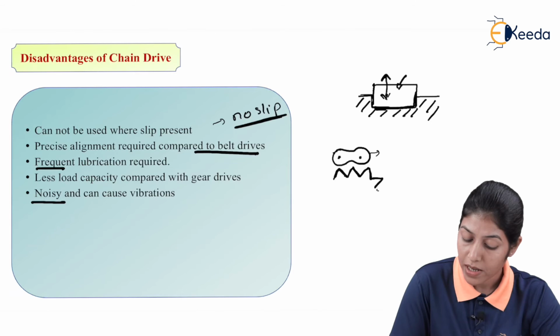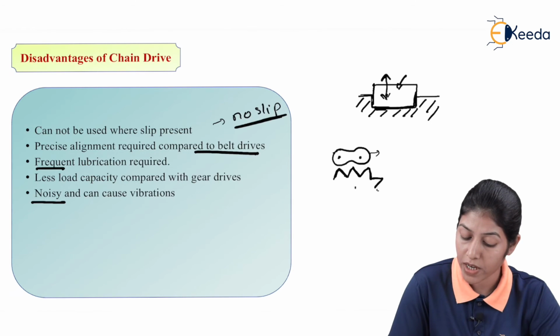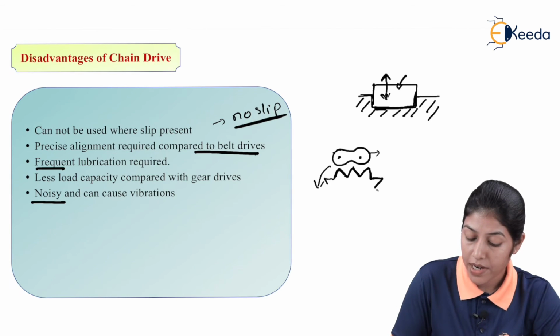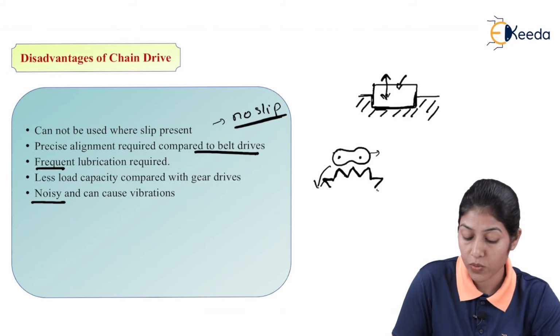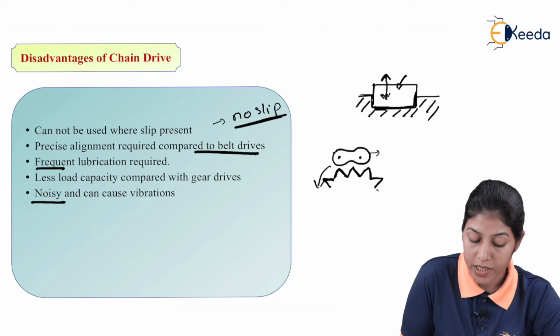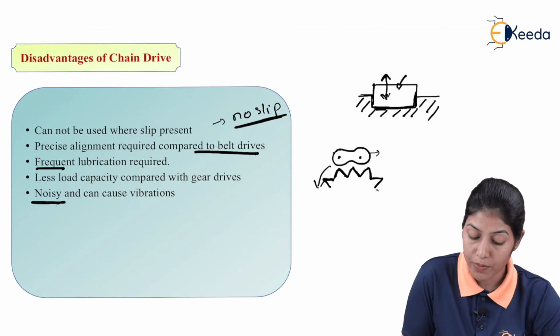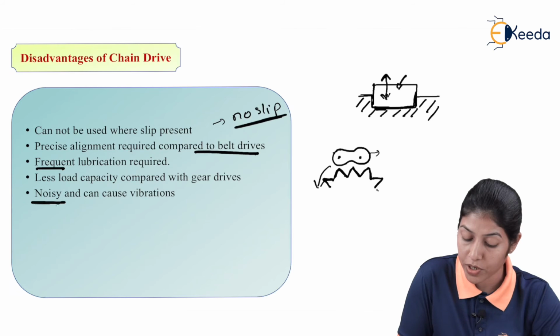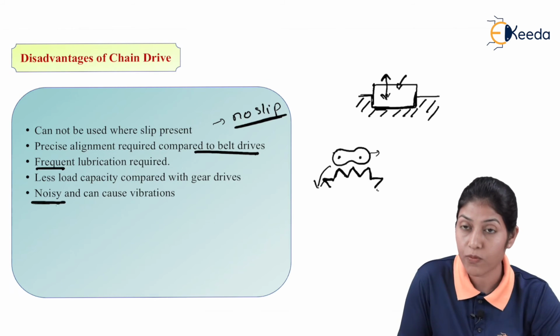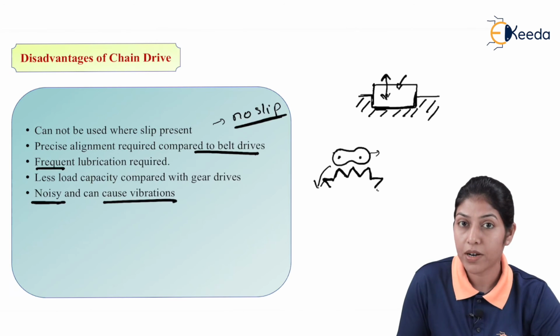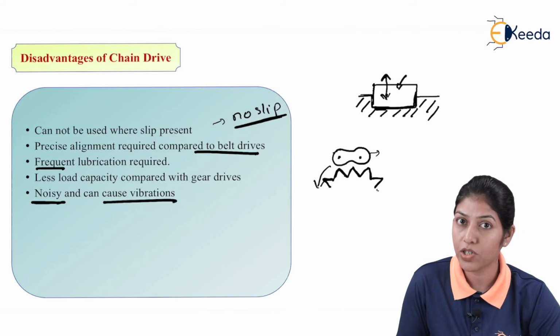So both are made of metal. When this toothed wheel is moving in a particular direction, the chain will also move and it will create wear and tear at the surface of this toothed wheel. That is why noise is created, because of the rotation of the shaft, the rotation of the driving sprocket, as well as the rotation of the chain or the links of the chain. And because of the noise as well as this metallic surface, we can consider vibration during very high power transmission. So these are the disadvantages of the chain drive.